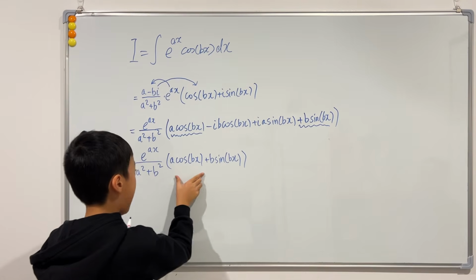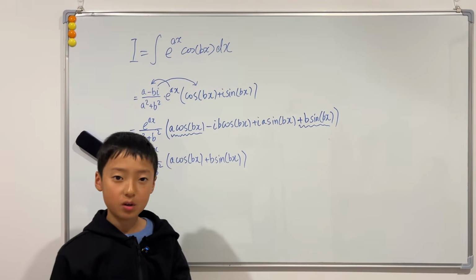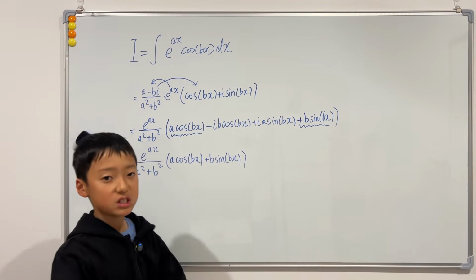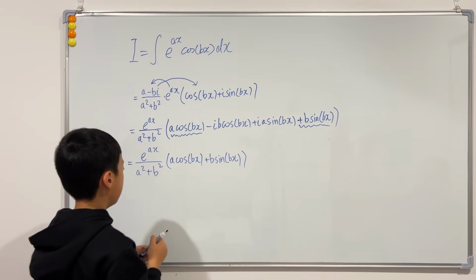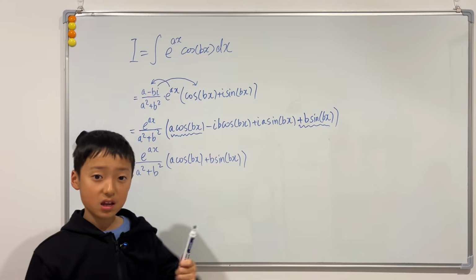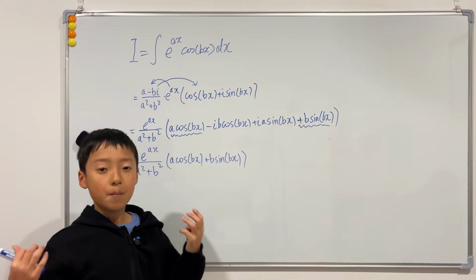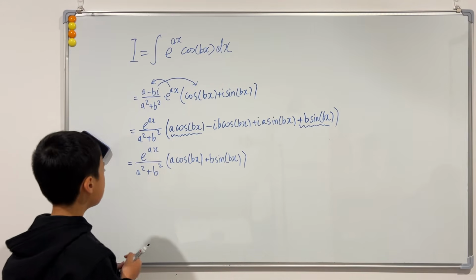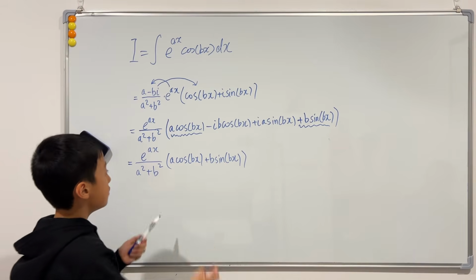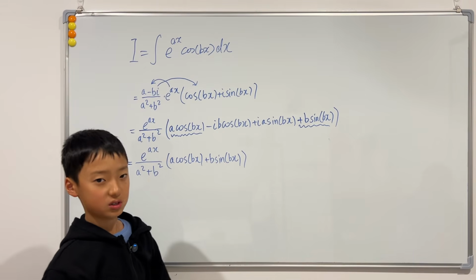So this is actually just all of the real part. So we have actually already solved this I, which is this. And you can double check, it is the same answer as we got when we did integration by parts. But to make this proof more concise, we can't say it's just equal to this. We still have to write out the imaginary part.